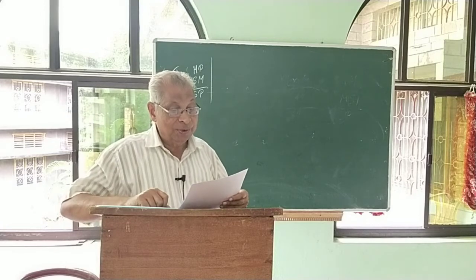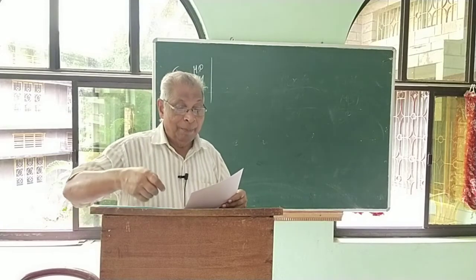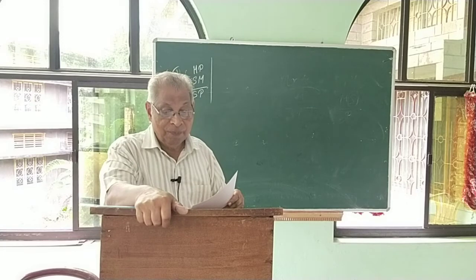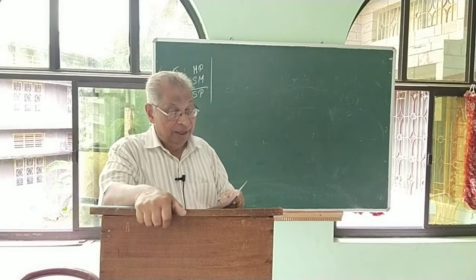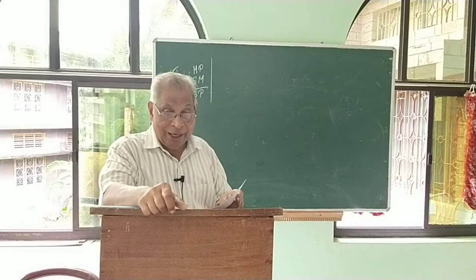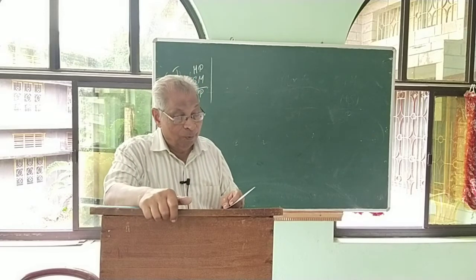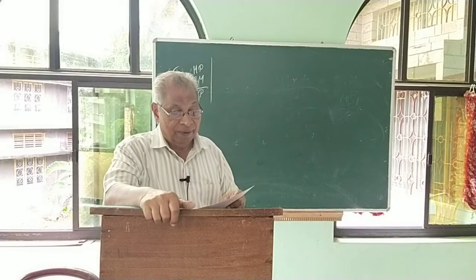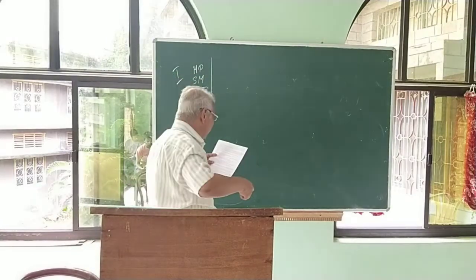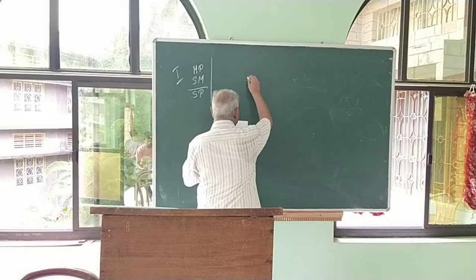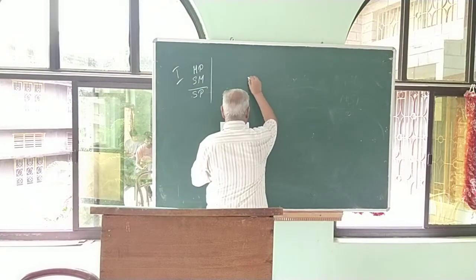The specific rules for the first figure: the minor premise must be affirmative, the major premise must be universal. Keeping this in mind, we are looking at the valid moods of the first figure.